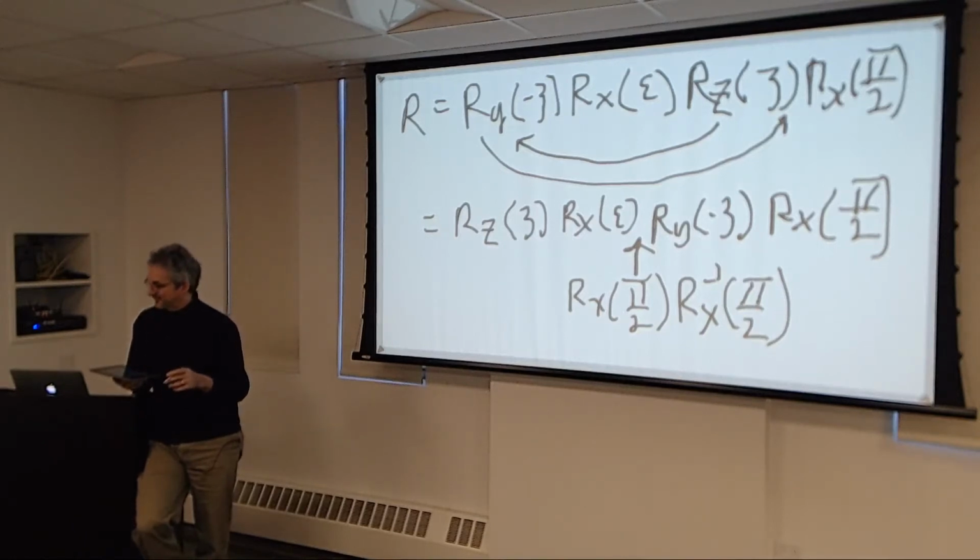But if you don't believe me, you can write down the matrices. And I'll just contend then that these three, Rx to the minus 1 pi over 2, Ry minus zeta, Rx pi over 2, is also a z rotation by zeta.